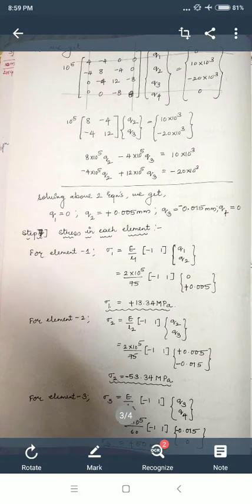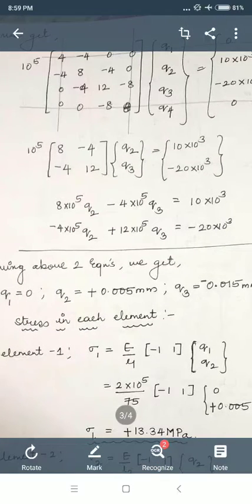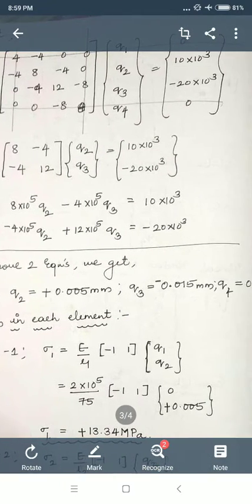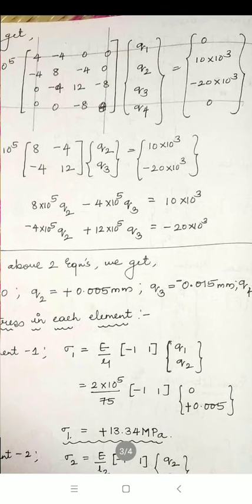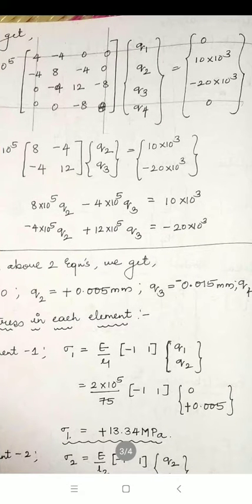That I have done here. You can see here, in this equation, row 1 column 1 and row 4 column 4 I have struck out. The remaining values I have written here: 10 to the power of 5, 8, minus 4, 12, Q1, Q2, Q3, 10 kilonewton of force, minus 20 kilonewton of force.